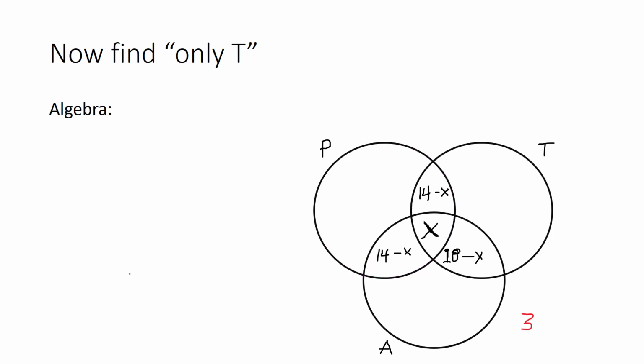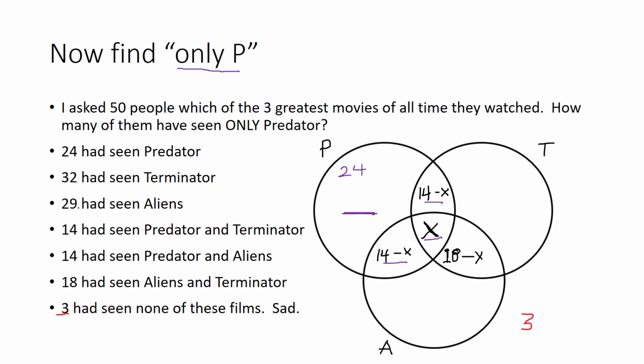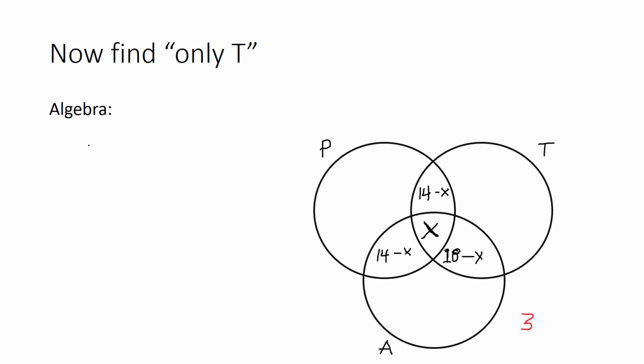Now let's find only t. Same idea. Okay, how many people had seen Terminator? 32. Not bad. So we have 32 in this case. Once again, the entire circle is 32. We are looking for just only Terminator, so we have to subtract out these. So once again, subtract the 14 minus x, subtract the x, subtract 18 minus x.